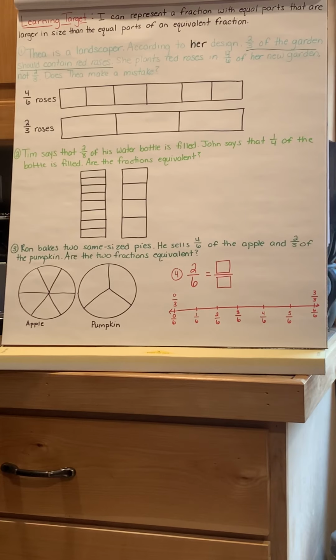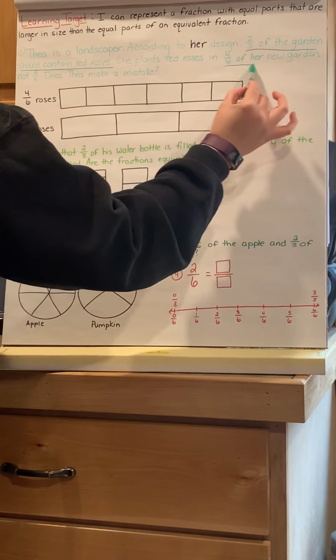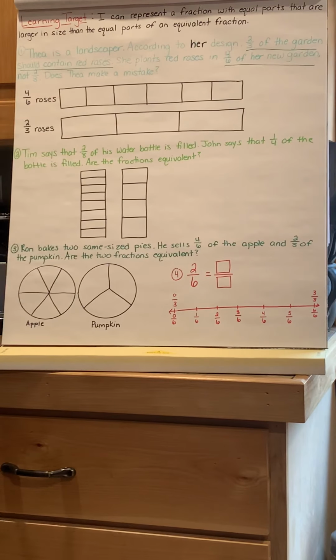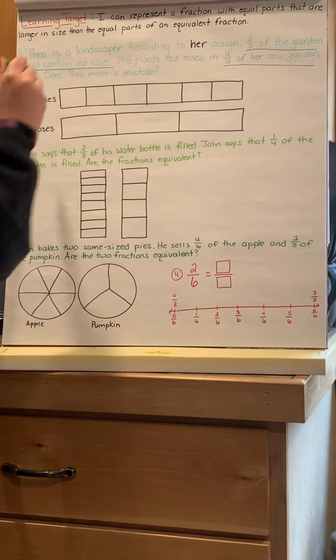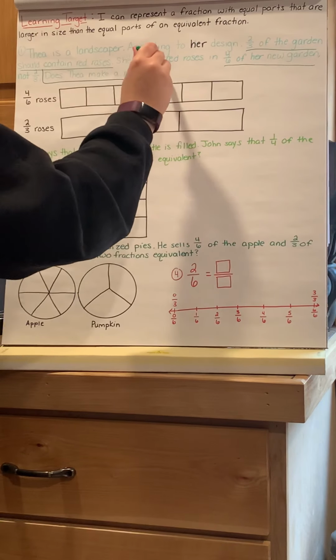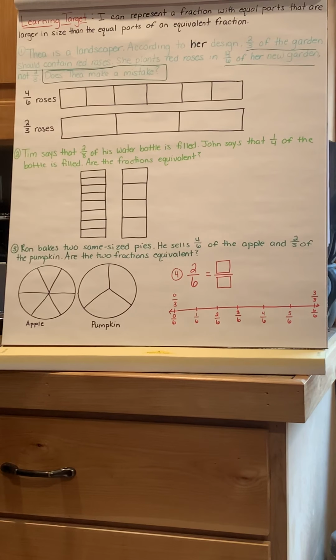But she decides to plant 4/6 of her new garden, not 2/3. They want to know, does she make a mistake? So we're comparing the new garden, the 4/6, to the old garden, which was the 2/3, and seeing if those fractions are equivalent, if they're equal.